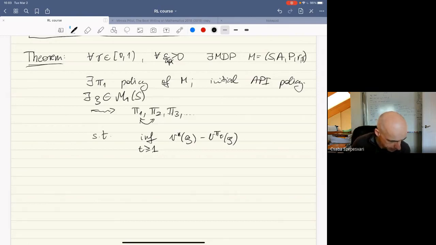It's the notation that I used before. And this is lower bounded by some constant, I think it's 2 or something, times the approximation error times 1 over (1 minus gamma) squared. So the 1 over (1 minus gamma) squared needs to be there.